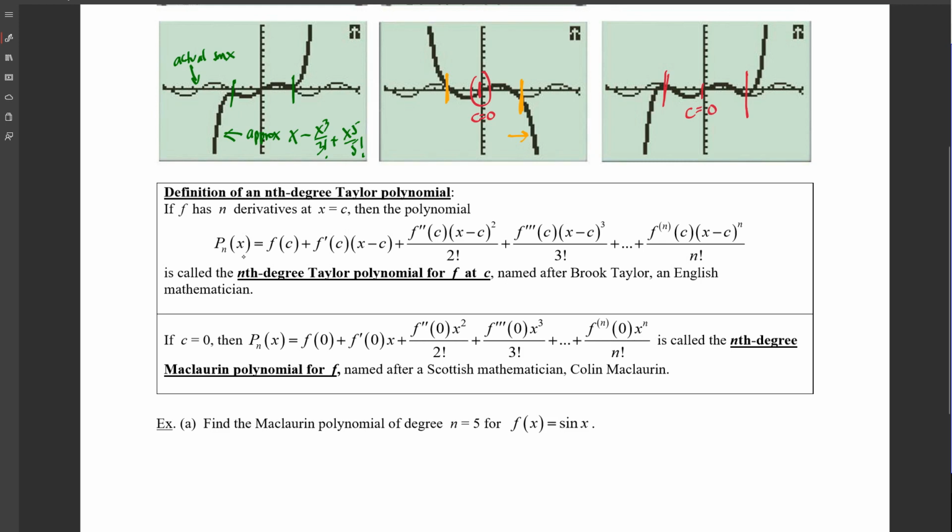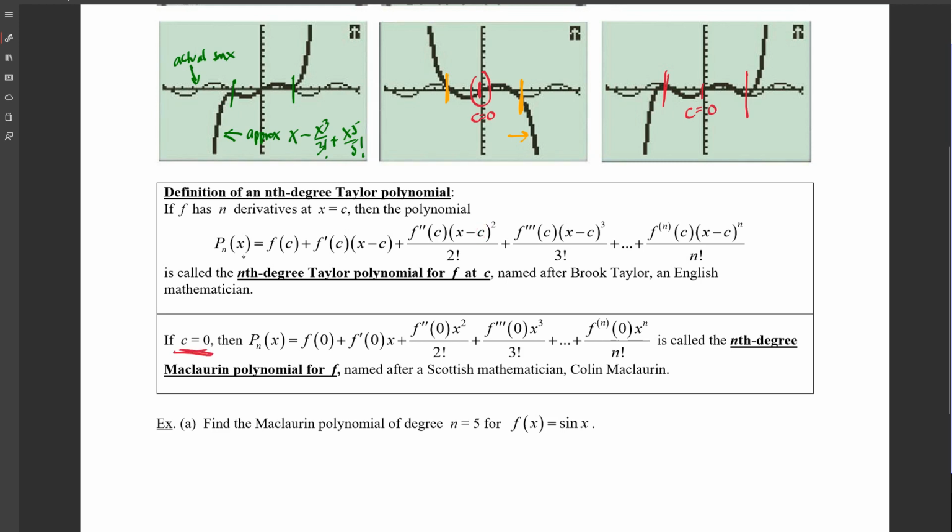But the center doesn't have to be at 0. If we wanted to center it somewhere else, so that we could get a more accurate number for sine of 3 pi or something, then you want to make your center 3 pi. So that's what c stands for, the center.